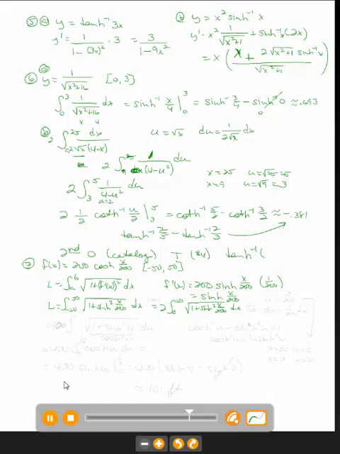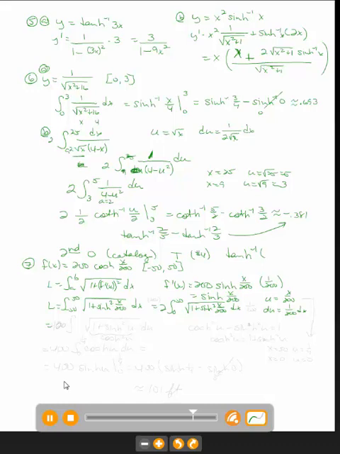And I could actually pull out the 200 by changing variables. So we're going to let u be x over 200. So du would be 1 over 200 dx. And now we need to substitute in.